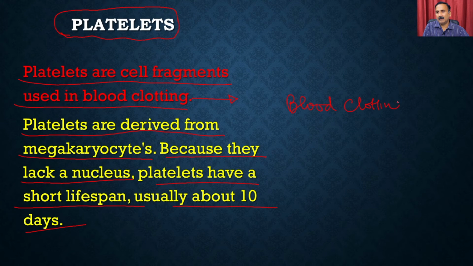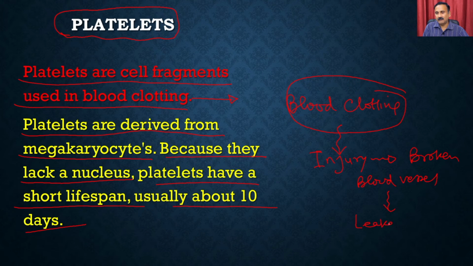So why is there a need for blood clotting? Because you are going to have an injury, and once a person has an injury, they are going to have broken blood vessels, right? So if there is a broken blood vessel, from that place there will be a leakage of the blood, right?